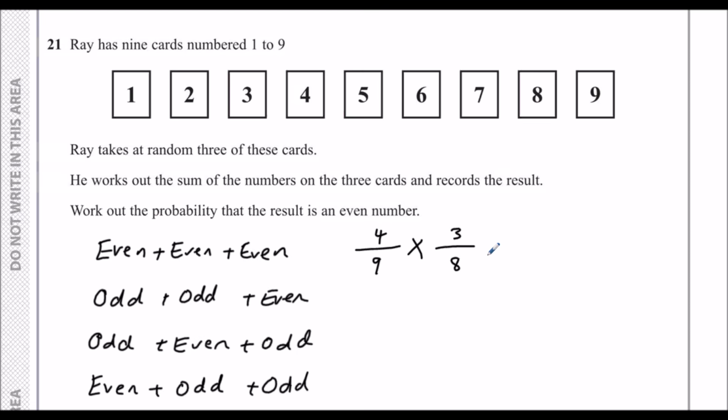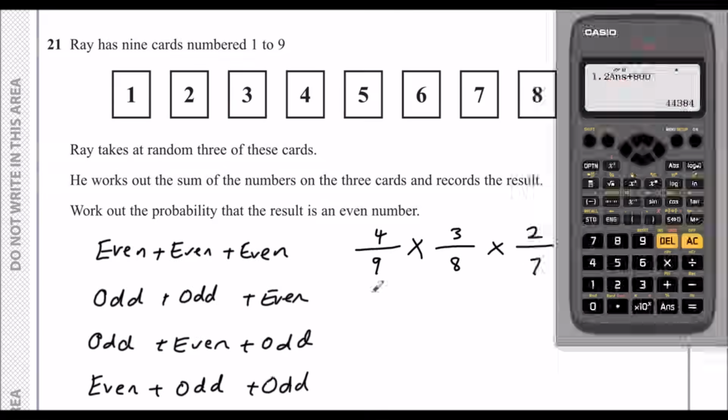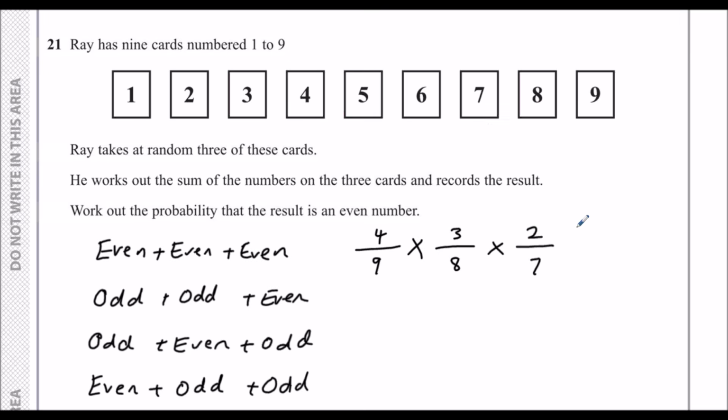And for our third pick, if we've taken out 2 evens, there's 2 left out of 7 in total. So we've got 4/9 times 3/8 times 2/7, which I've got as 1/21. So that's the probability of getting even, even, even.